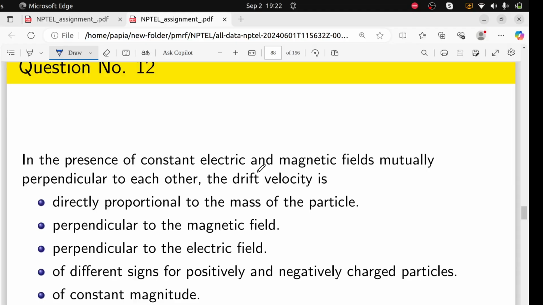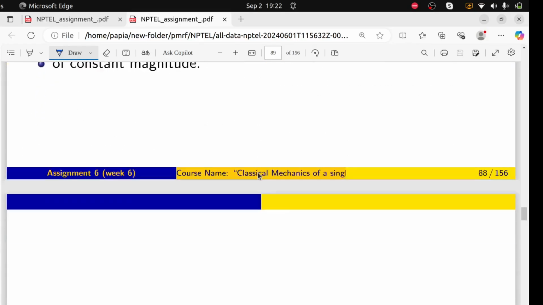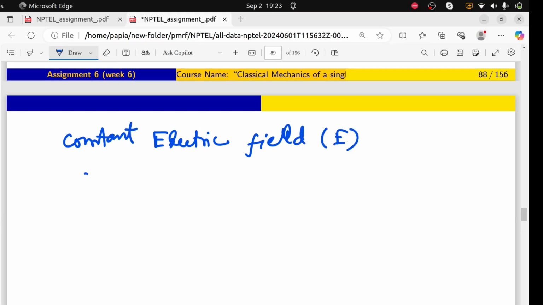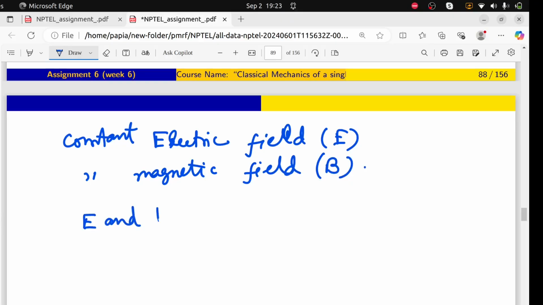Again, I can see here a similar question. Constant electric and magnetic fields, E and B mutually perpendicular.